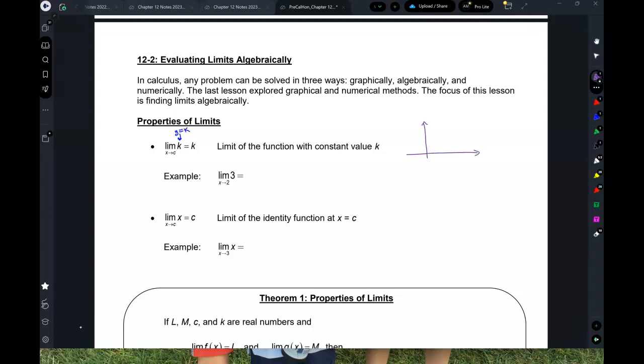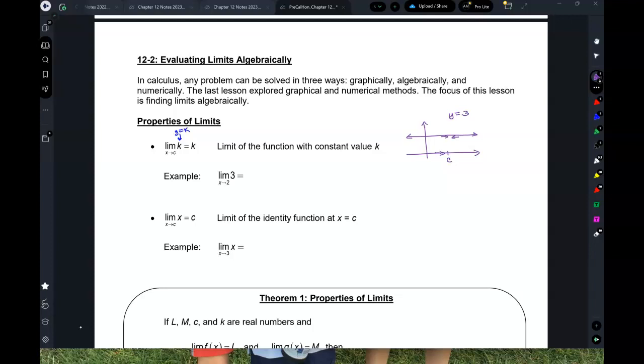So y equals k is like y equals any constant. Suppose you have y equals 3, and this is some value c. Well, if y equals 3, then y equals 3 at every single point on the interval. So as you're approaching any value, what y value is your graph approaching?